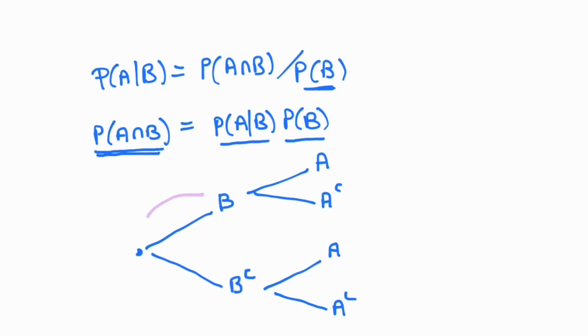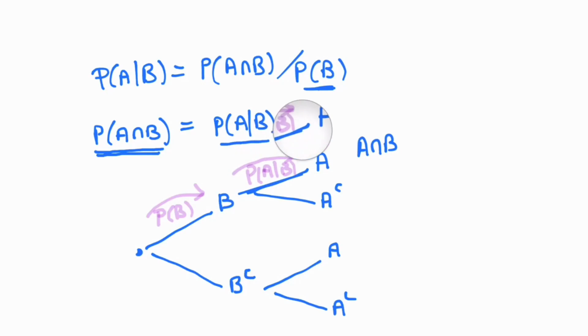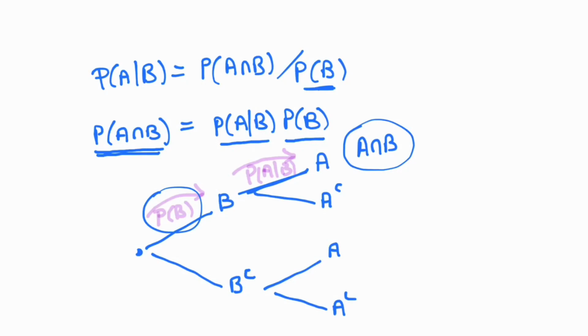And so this branch of the tree diagram gives you A intersect B. This first arrow here has probability P(B) of occurring, and the second arrow here is the probability that A occurs given B has occurred, because now we are at B and we want to know the probability that A occurs given B. And the probability of A and B is just the probability of B times the probability of A given B, just like it says over here.